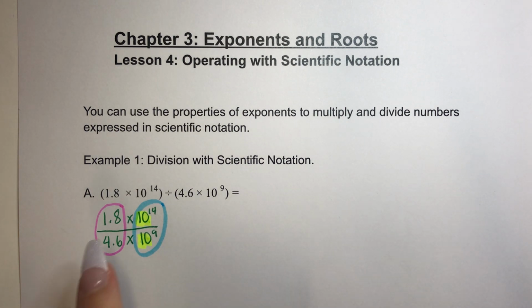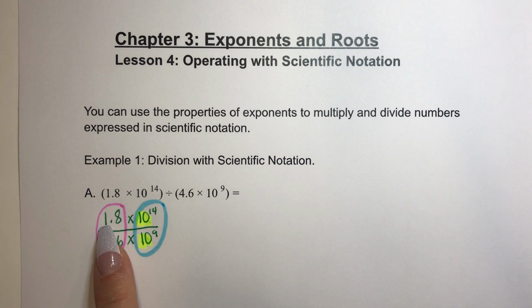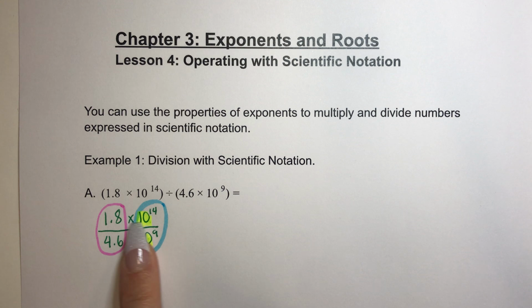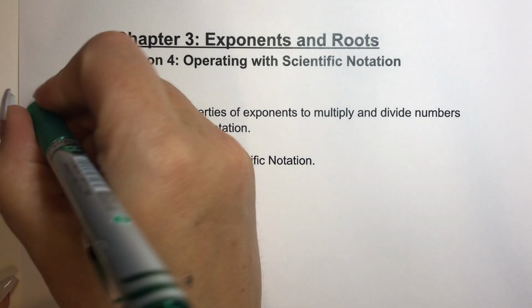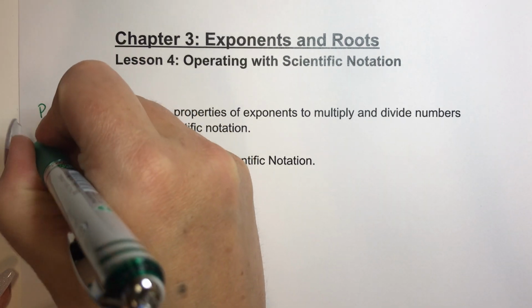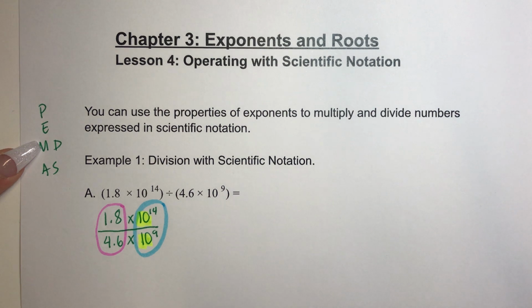Now, the reason we're able to look at two separate things is because everything is multiplied and divided. So we have 1.8 multiplied by 10 to the 14th power divided by 4.6 times 10 to the 9th power. If we look back at our order of operations, please excuse my dear Aunt Sally: parentheses, exponents, multiplication and division.